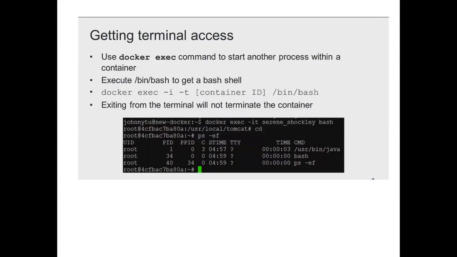If I want to run a program called /bin/bash, which is a shell program, so that now you get a bash shell from the container point of view, the syntax I will use is docker exec -i -t, for standard input and pseudo terminal. Provide the container ID where you want to trigger bash, and the suffix to the command is the program which you want to run. So in this case, it is /bin/bash.